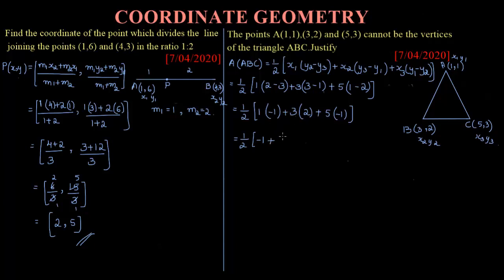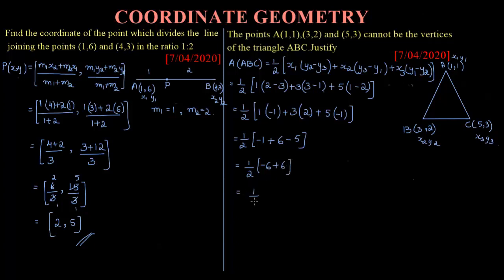Plus 3 twos are 6. Plus into minus again, here also minus. 5 into minus 1, right? So it is nothing but 5 ones are 5. So what are you going to get now? 1 by 2. Minus 1 and minus 5 is nothing but minus 6. Both are negative, so you will add them and write the bigger number's sign. And this plus 6 I am going to write as it is.